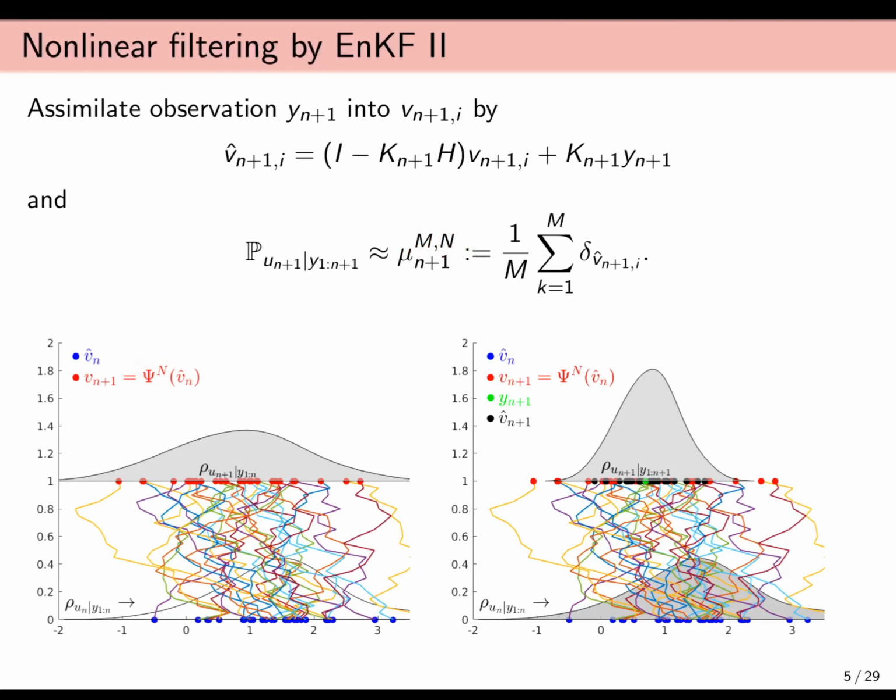All right, so this was my prediction density, and what I'm illustrating in the right plot here is the transition of the particles from the prediction state to the updated state. This is the prediction state in red and the updated state in black.